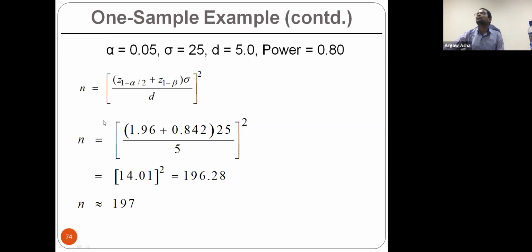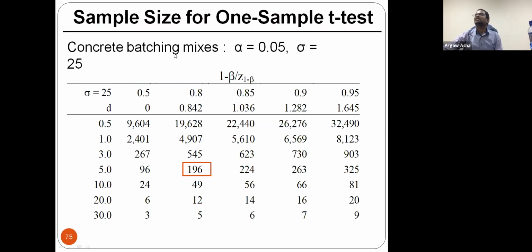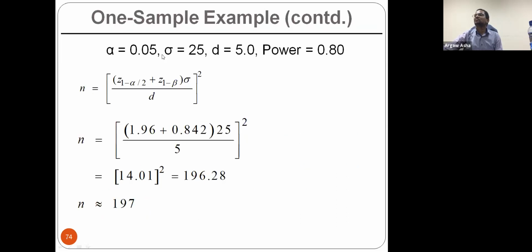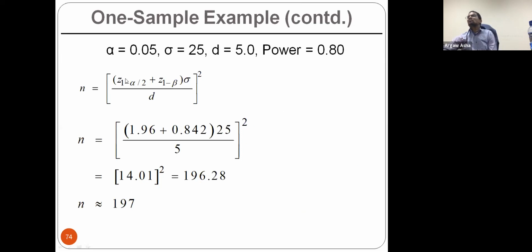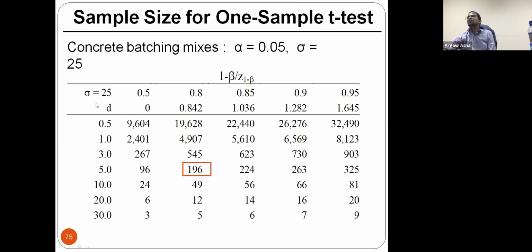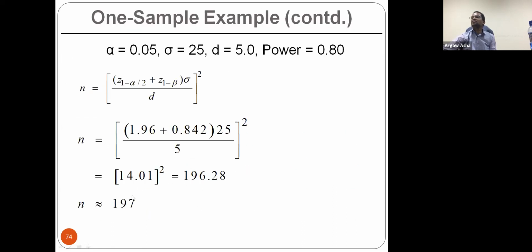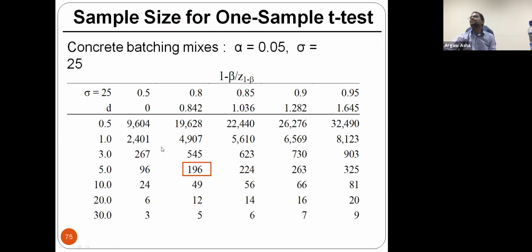So the same is true for sigma, let us say alpha 0.05, sigma 25. Then you put this in the table using the equations I mentioned. For 25, 0.05, 0.8, at D5 with 1.96 in this equation, you can find almost the same.